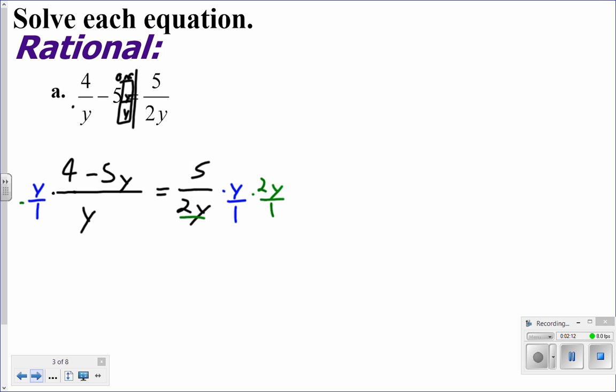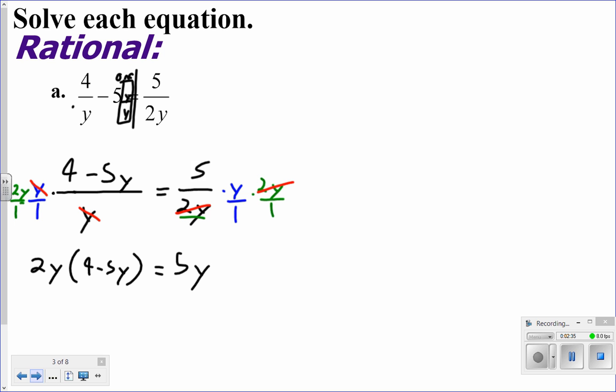So then I've got to do that over here, 2y over 1. Much of this simplifies out because something divided by itself is 1. But what am I left with? Over on the left side, I have 2y times the quantity 4 minus 5y is equal to 5y.